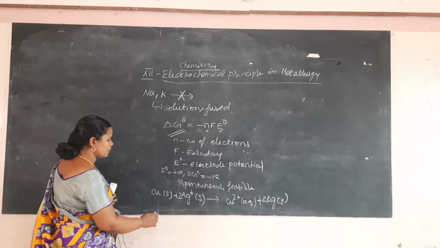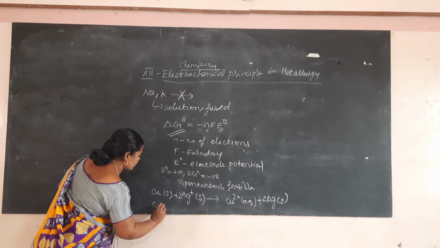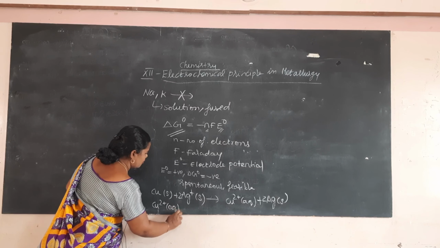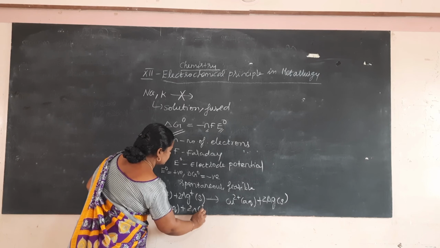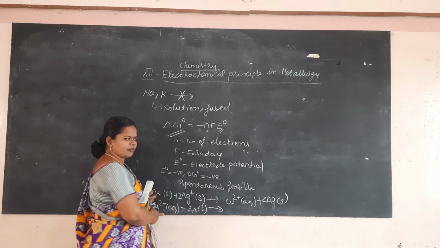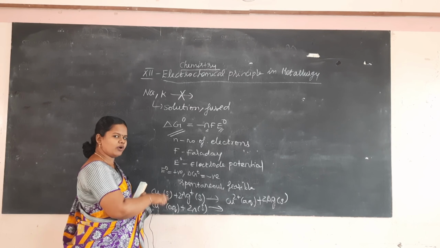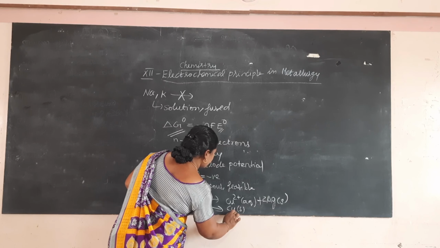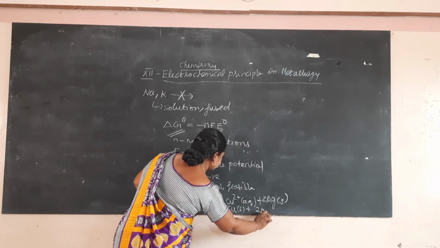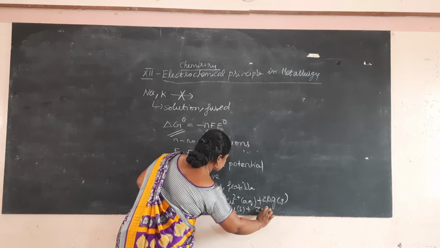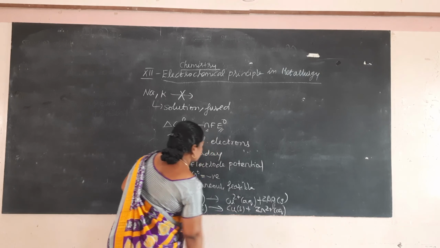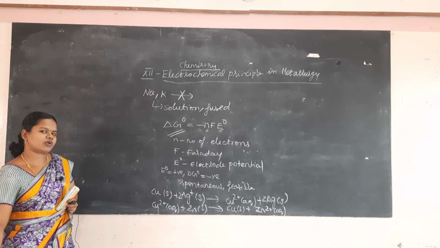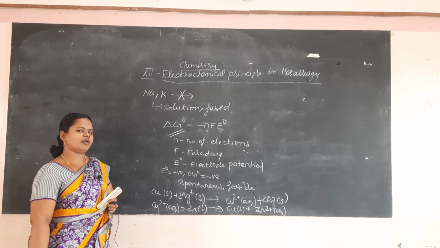Then copper 2 plus aqueous plus zinc solid, here the more reactive metal goes into the solution, so it forms copper solid plus zinc 2 plus aqueous. This is the electrochemical principle involved in metallurgy.